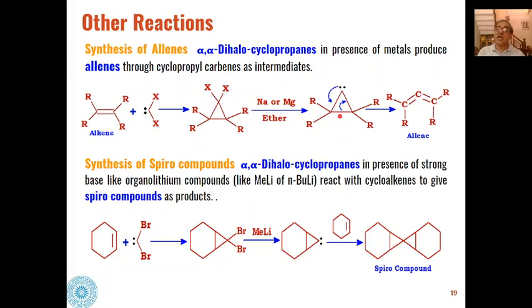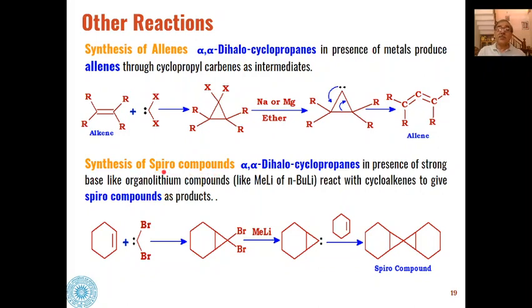And these cyclopropyl carbenes undergo rearrangement with the ring opening to give us these types of allenes as the product. So this is a very common method for the synthesis of allenes from alkenes.